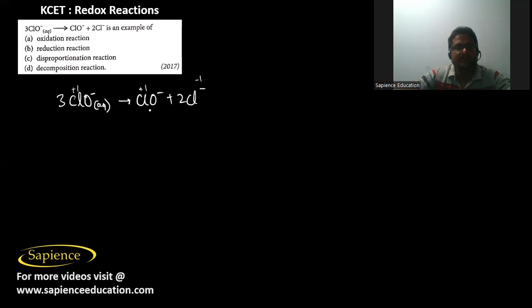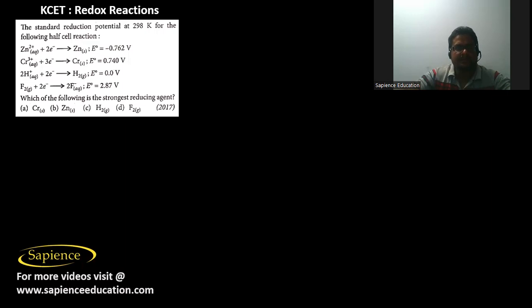Here Cl is in -1 state. So here there is no change, but here chlorine is reduced. So here there is reduction. So only reduction is there. So option B is the correct answer. So it is only a reduction reaction.